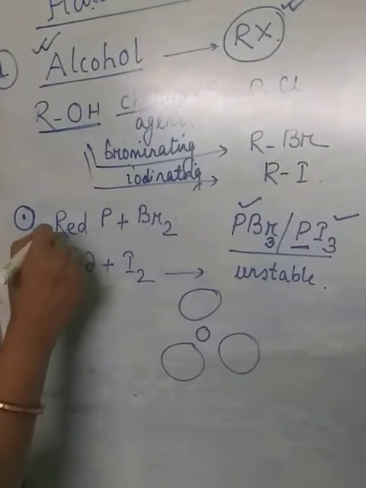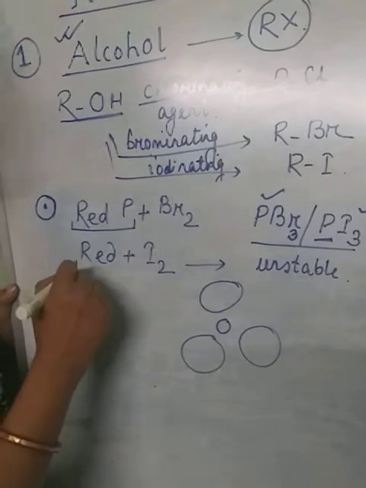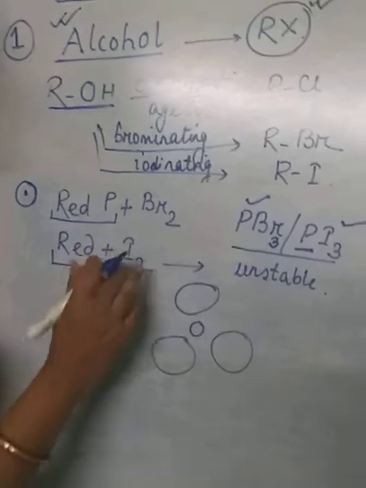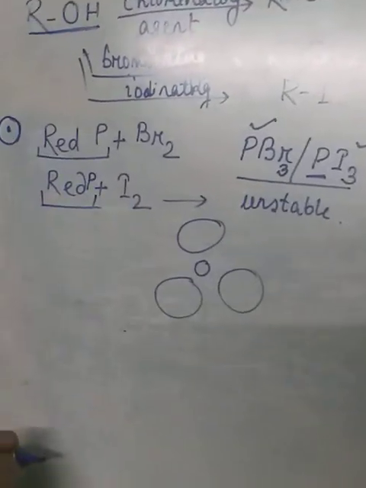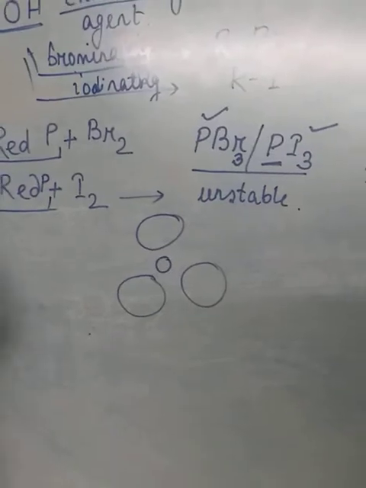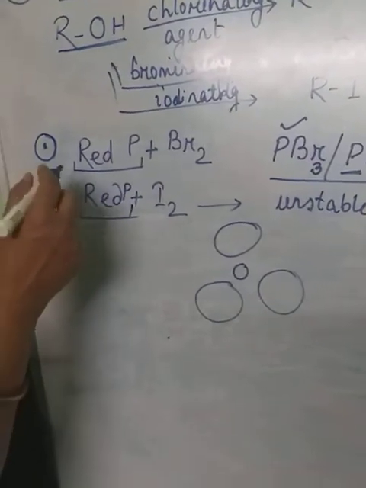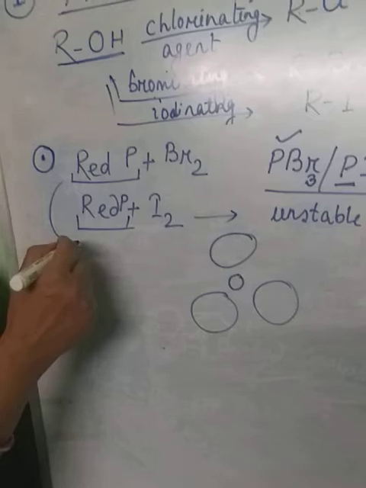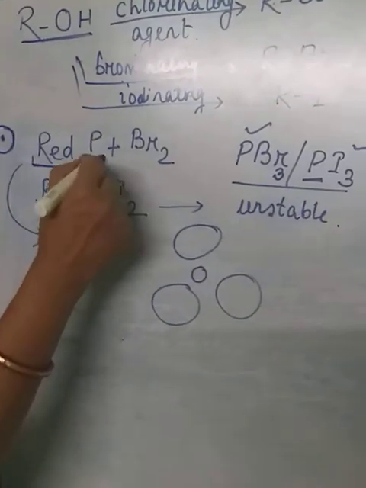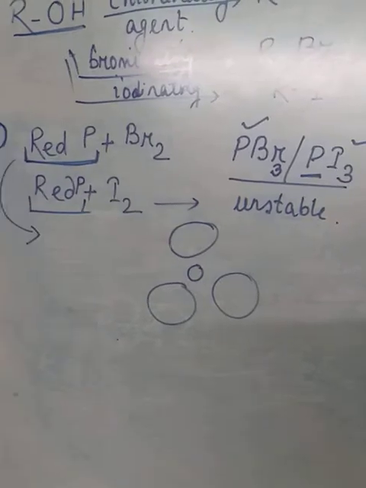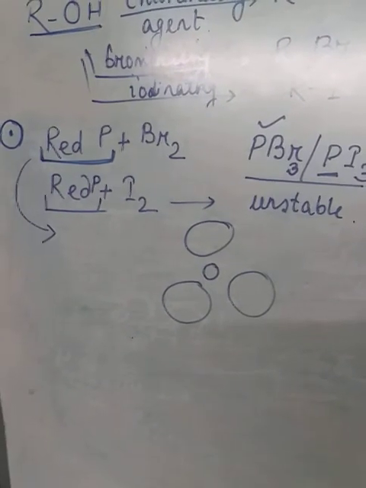Now the question is, why do we take red phosphorus when red phosphorus is of course much less reactive than white phosphorus, the other allotrope? The main basic reason is that white phosphorus, though it is reactive, is highly poisonous.